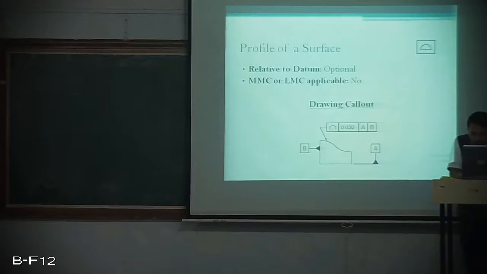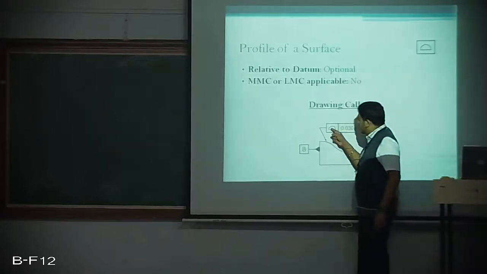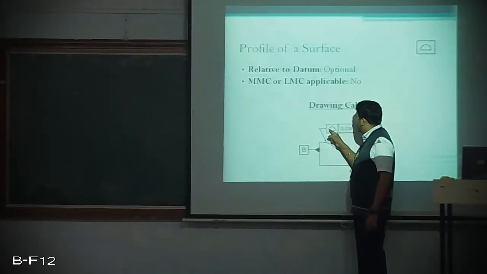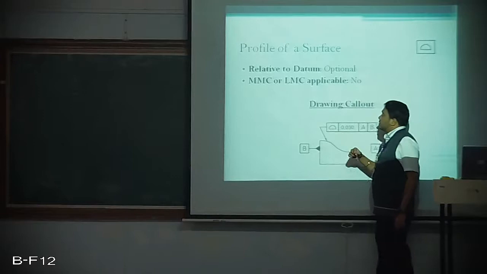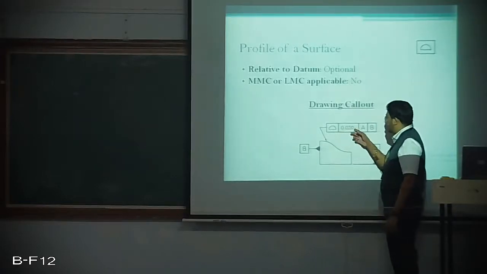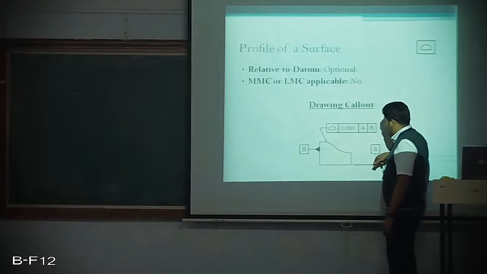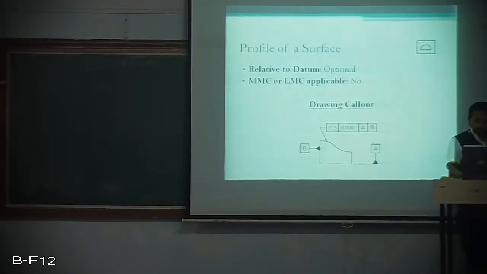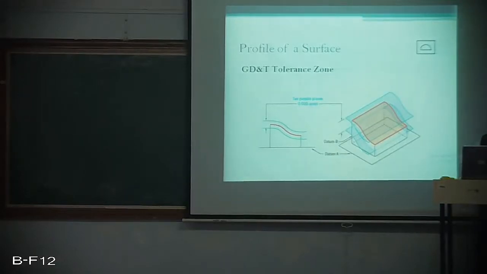Again, the surface is the same, but only the symbol is changed. Instead of a line, it is covered by a surface. If you close this, it becomes a surface symbol, and the tolerance is represented by 0.030 with reference to the same surfaces, that is A and B. So this is how it looks.